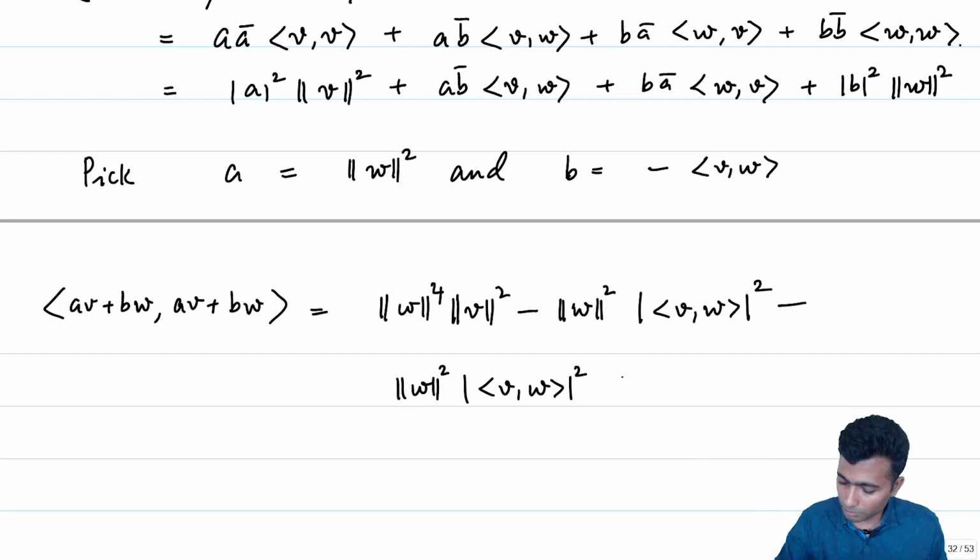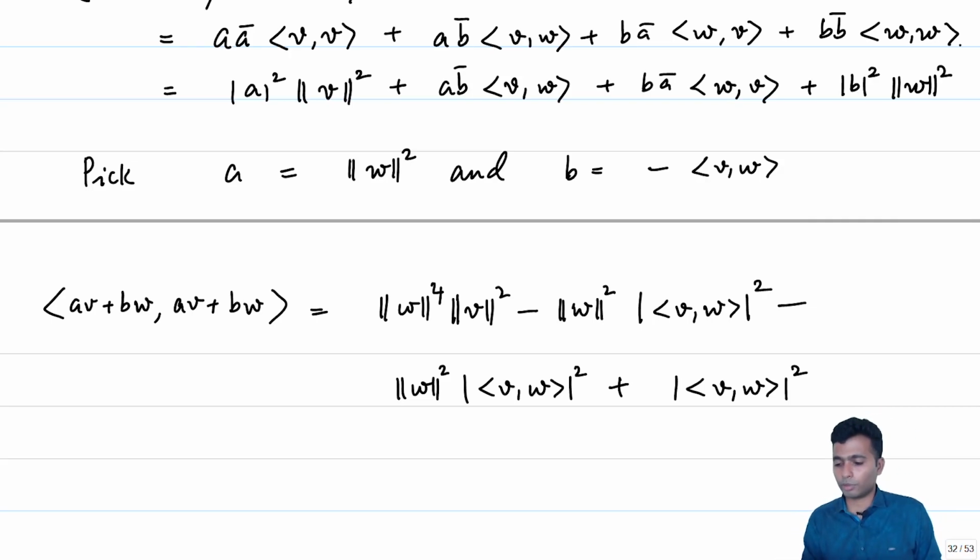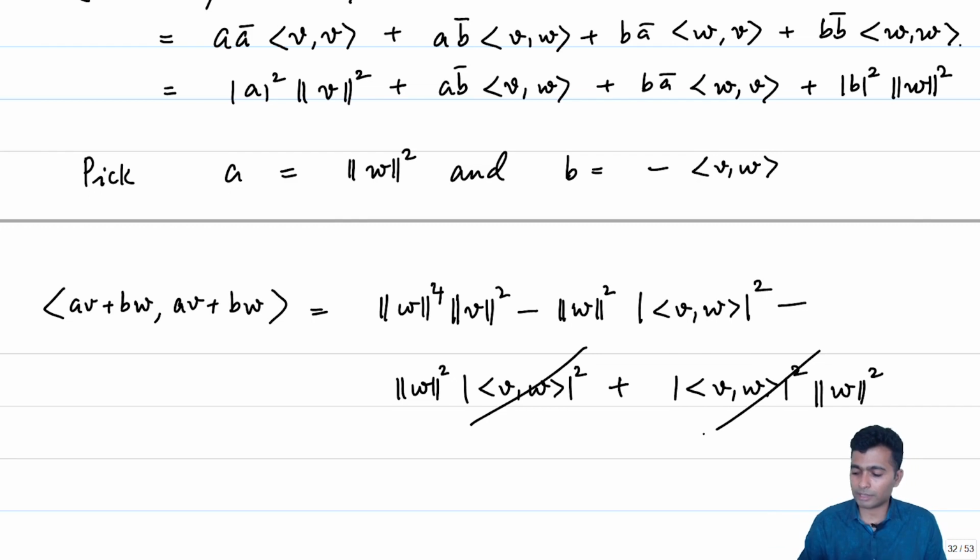And how about the last term? The last term will be absolute value of B square, which is just the absolute value of the inner product of V and W square, times norm of W square. And if you notice carefully, the last two terms cancel out.